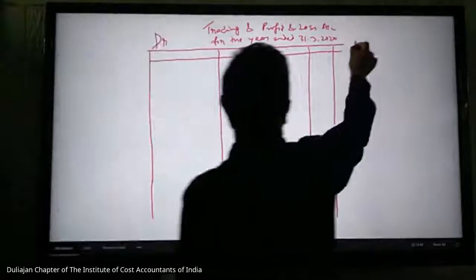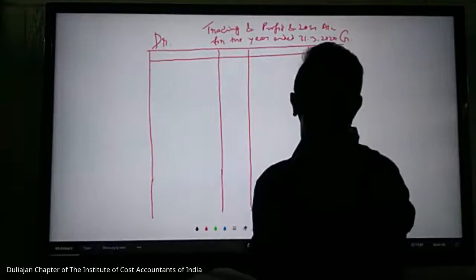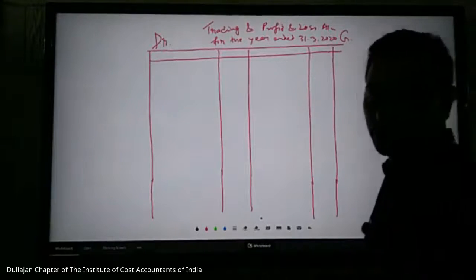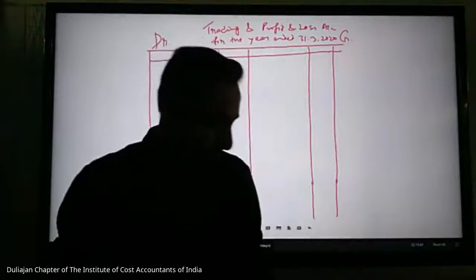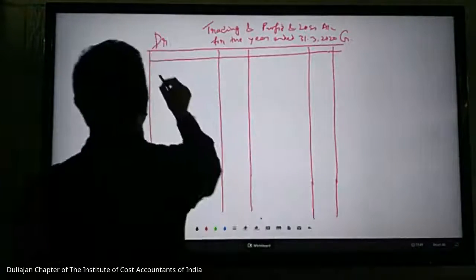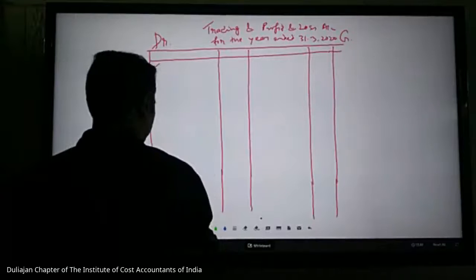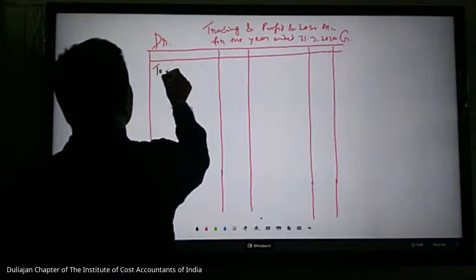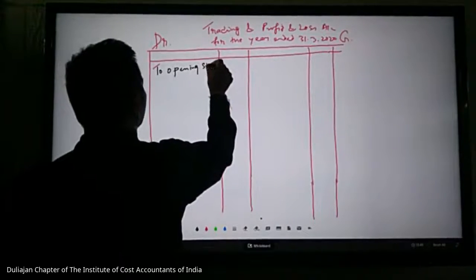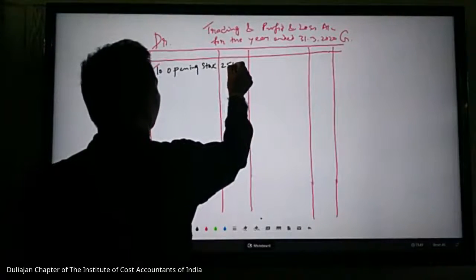Debit side, credit side. First item, to opening stock 25,000.